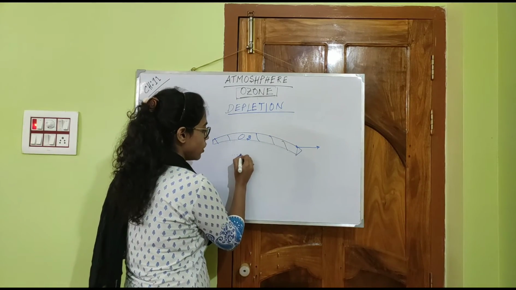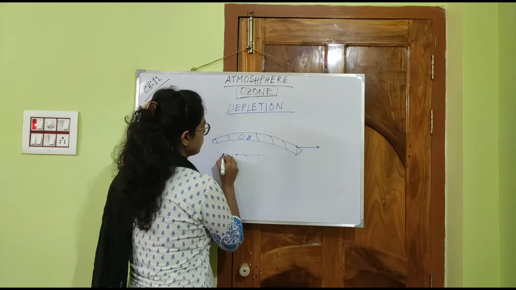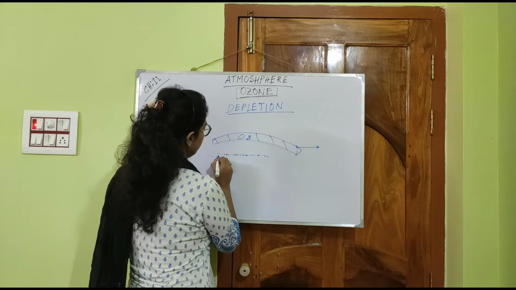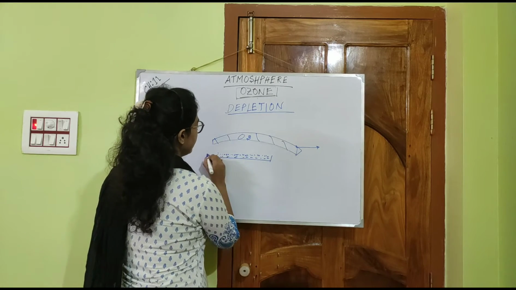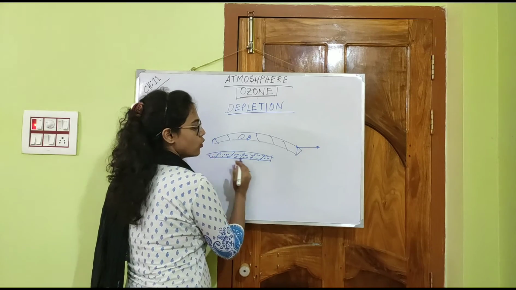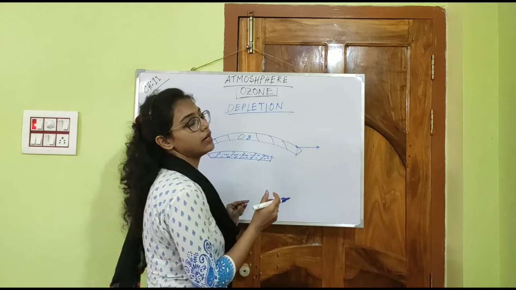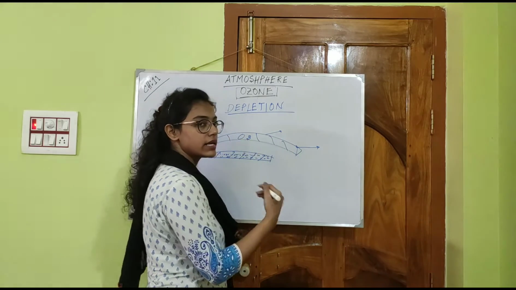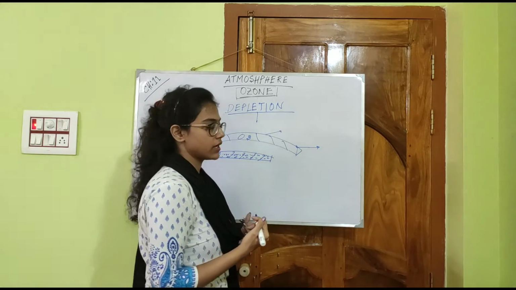All the ozone gases stay together and make a layer in the stratosphere. Nowadays the ozone layer is continuously depleting.